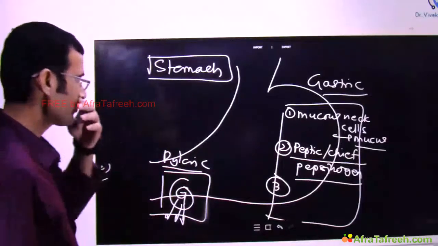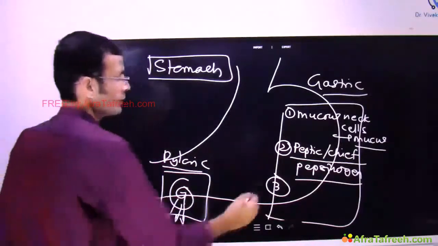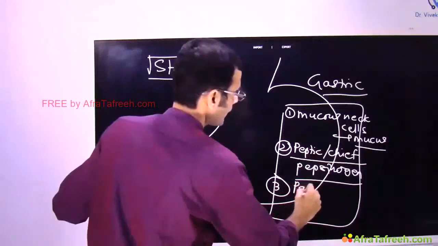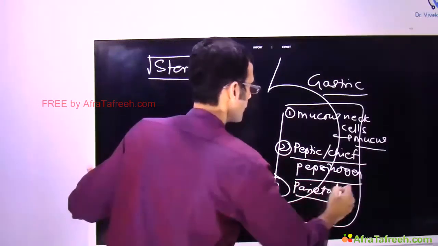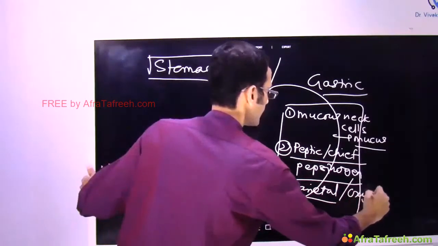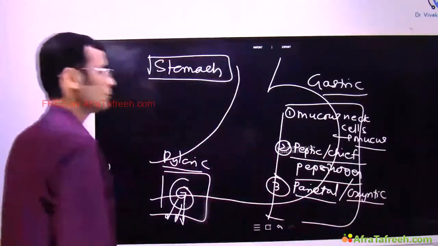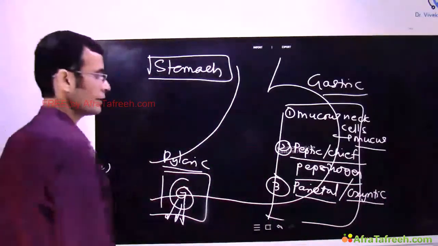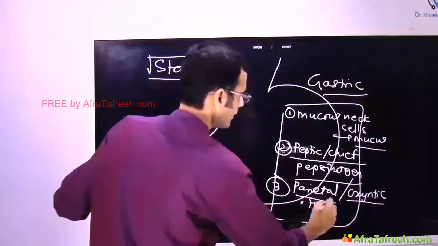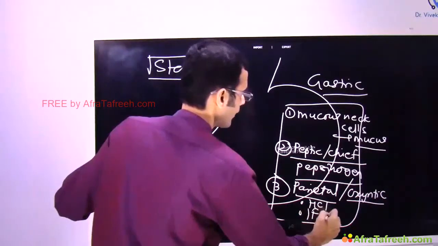Alright, the third type of cell is a parietal cell. The oxyntic glands, or sometimes called oxyntic cell or parietal cell, secrete HCl and intrinsic factor of Castle.